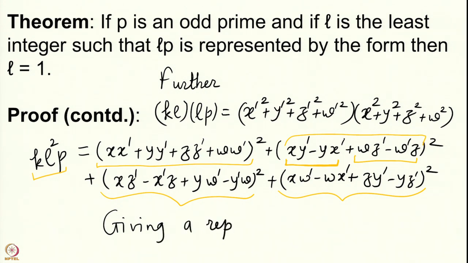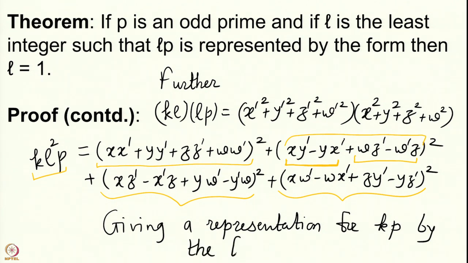giving you a representation for Kp by the form that we are talking about, which would mean that Kp is also a sum of 4 squares. Here all these 4 squares that appear, each of them is divisible by L square.